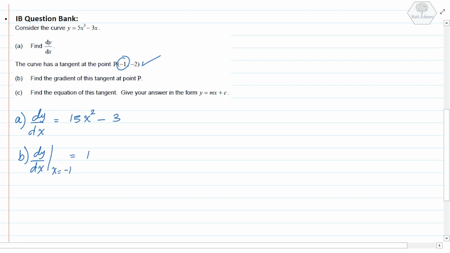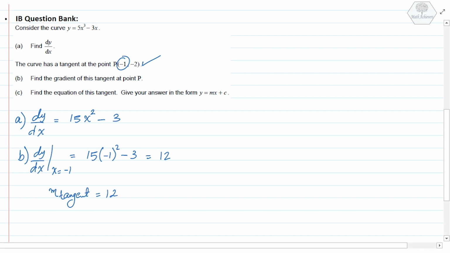So this will give me 15 times (-1) squared minus 3. This is equal to 15 times 1, 15 minus 3, 12. So I know that the gradient of the tangent is equal to 12.